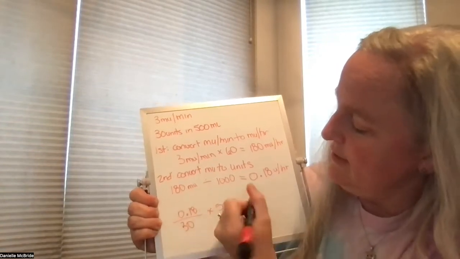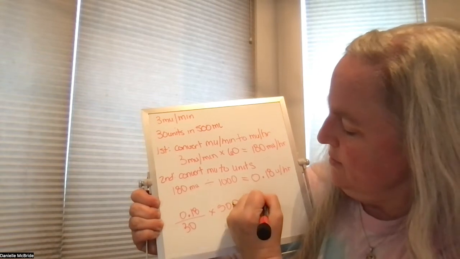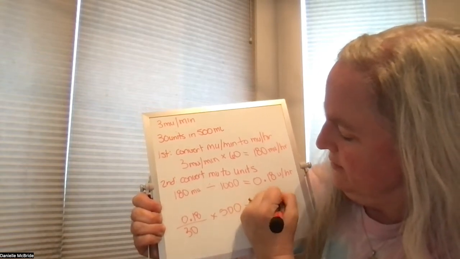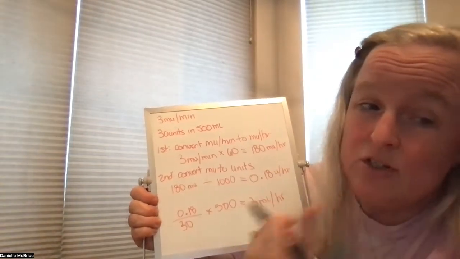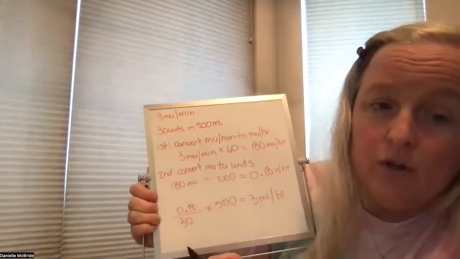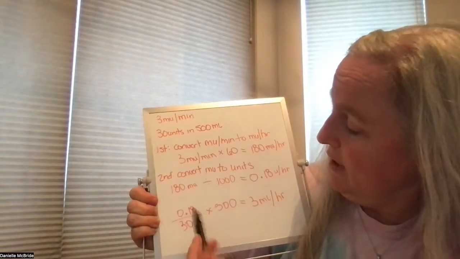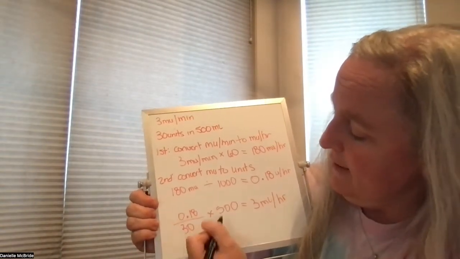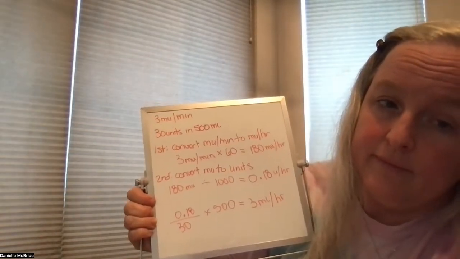And if you solve this out, you again are going to get the same answer of 3 milliliters per hour. Okay, so that's how you can do it differently if you want to do the 1/2 times volume. Okay, this is what I want. This is what I have. This is my volume.